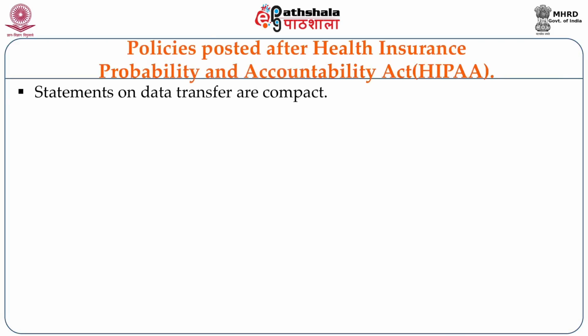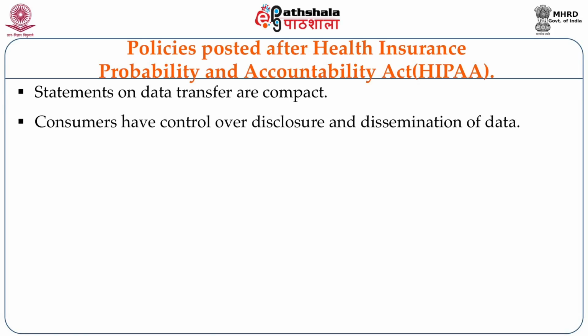So there are certain privacy provisions of the law that became effective. They found the following in the policies posted after HIPAA. Statements on data transfer were more explicit than before HIPAA. Consumers still had little control over the disclosure or dissemination of their data.